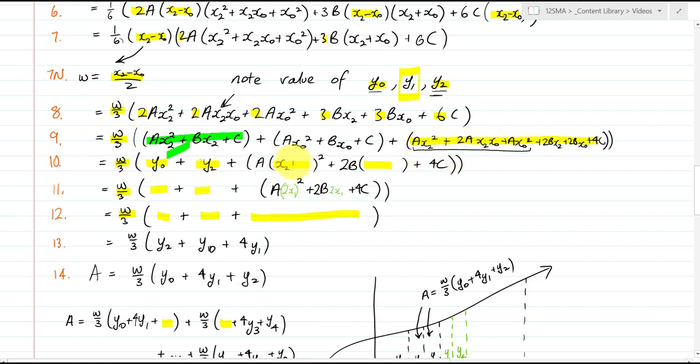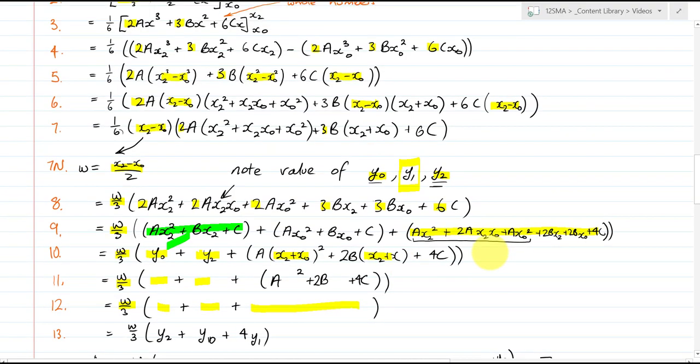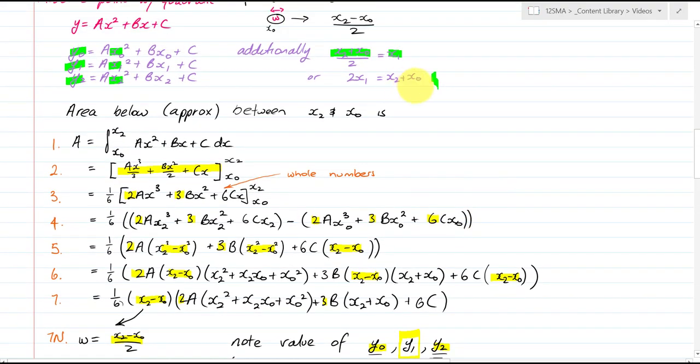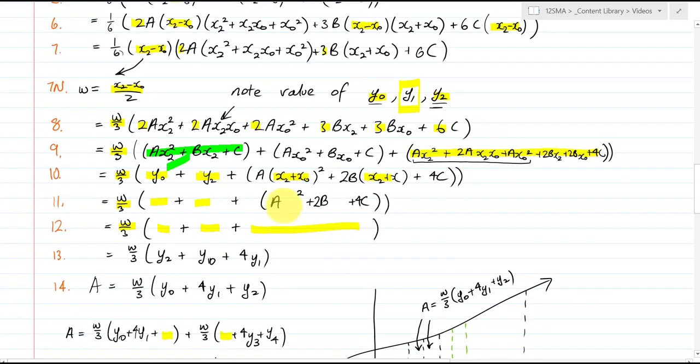We've got x2 plus x0 squared, and 2b times x2 plus x0, and 2c, I should take that out, and 4c just remains 4c. Now x2 plus x0, of course, is 2x1, so this becomes 2x1 squared, and this becomes 2x1.